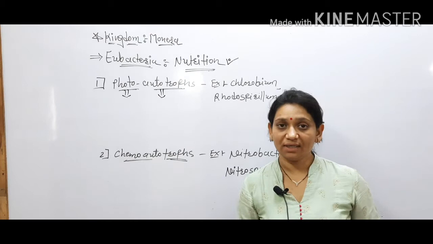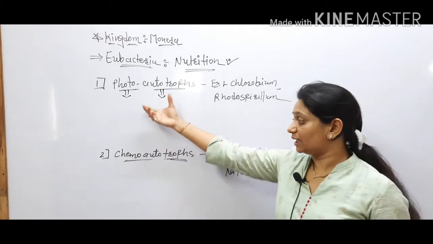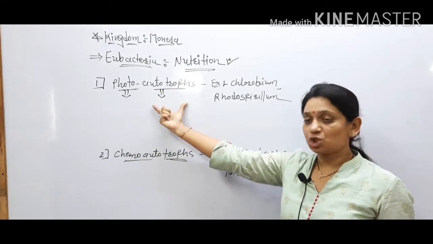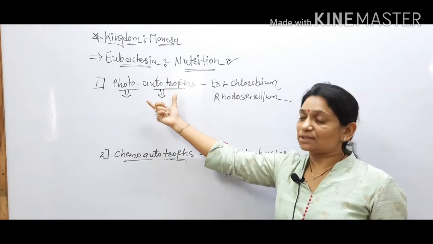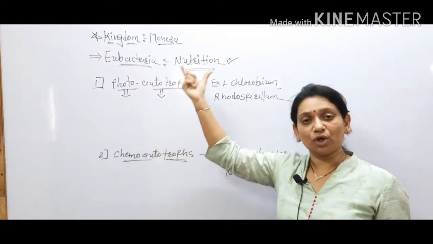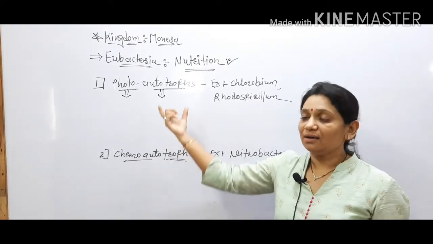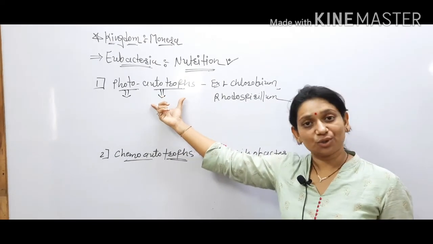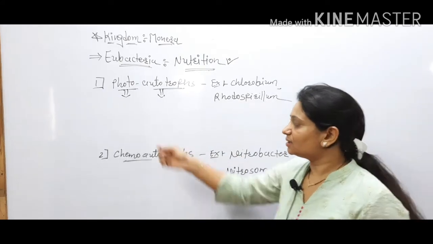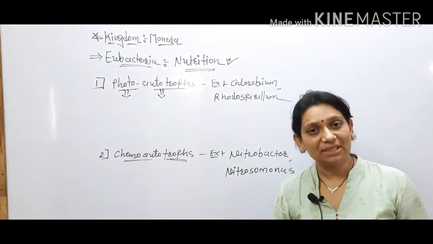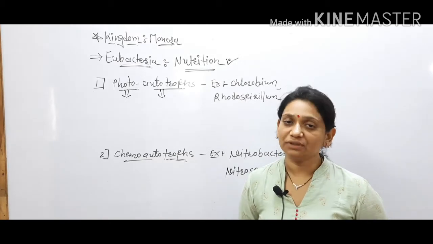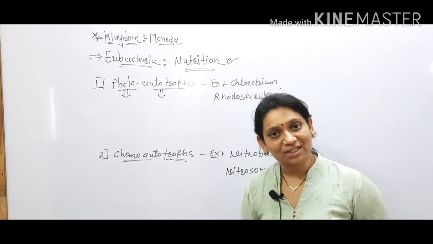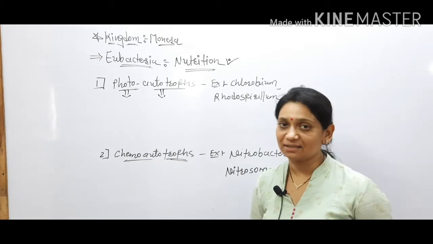As you know very well, autotrophs means organisms which can make their own food by photosynthesis or any method. Over here these are photoautotrophs, meaning they make their own food with the help of photosynthesis, with the help of sunlight.